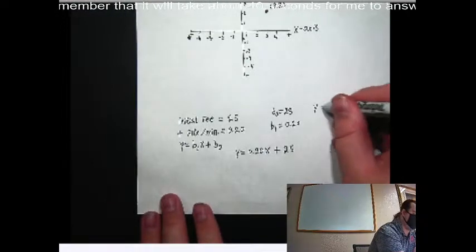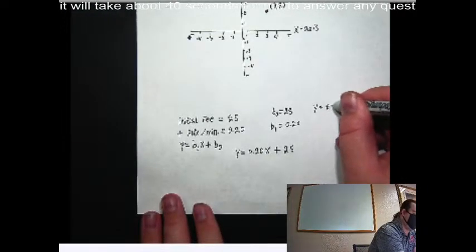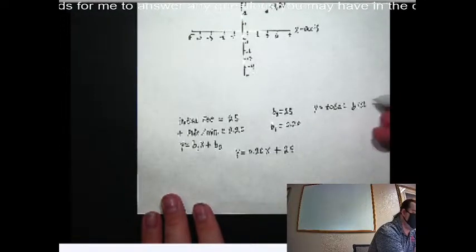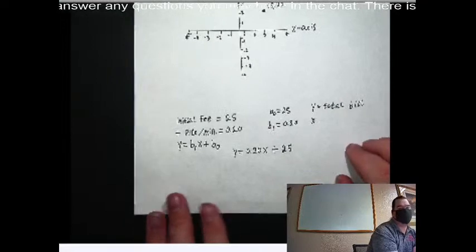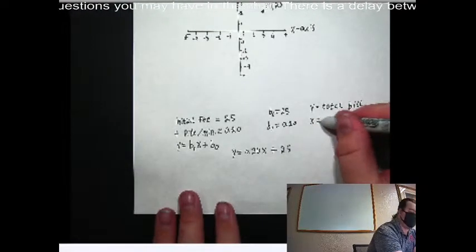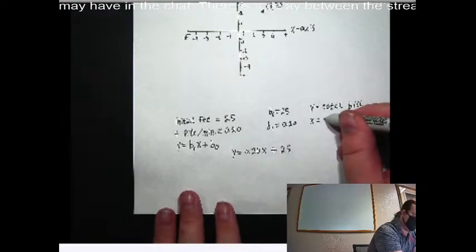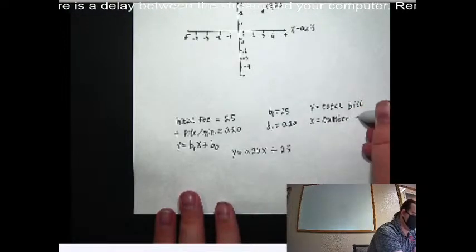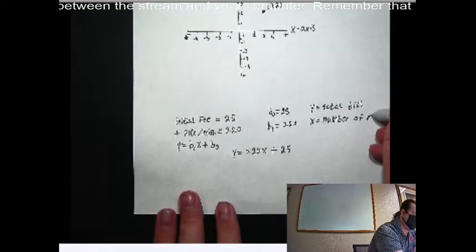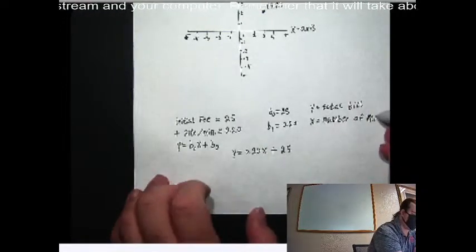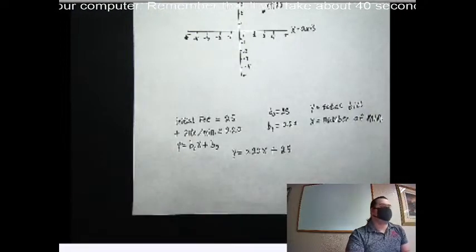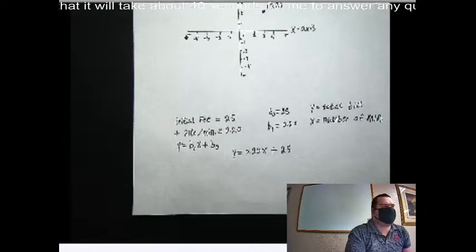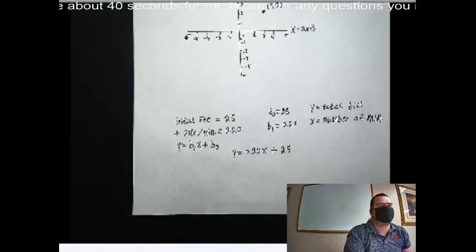So y is the total bill. X is the number of minutes. With me so far? Any questions?